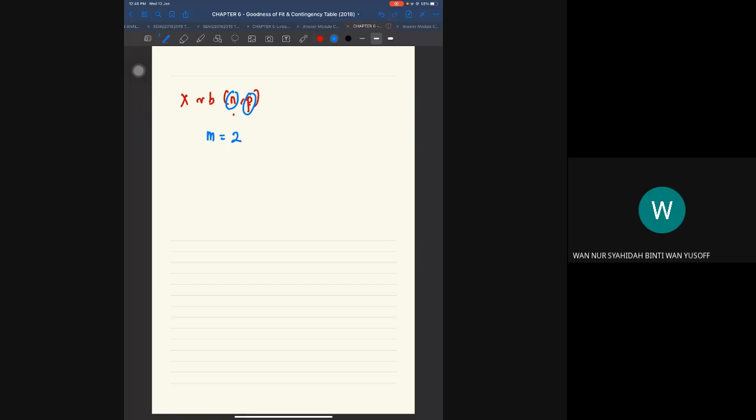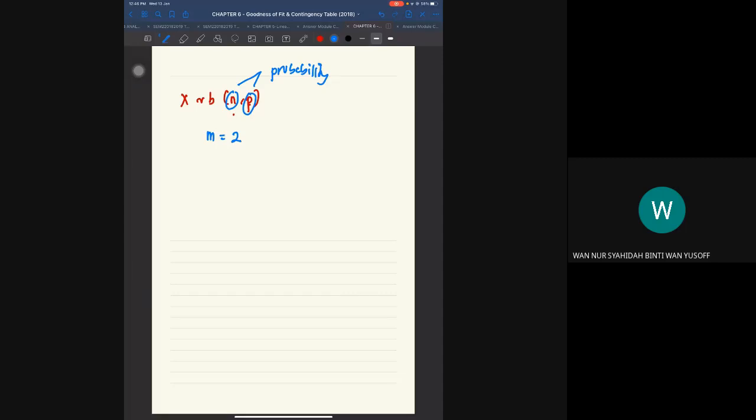Before this, we needed these 2 values for the probability when we calculated the probability for the E. But now we already give you the probability in the question, so no need to worry about these 2 values. But we need to know whether these 2 values are in your question or not, because it is for the critical value. If you cannot find your N and P in your question, it means that in theory we need to calculate them, so your M is equal to 2.